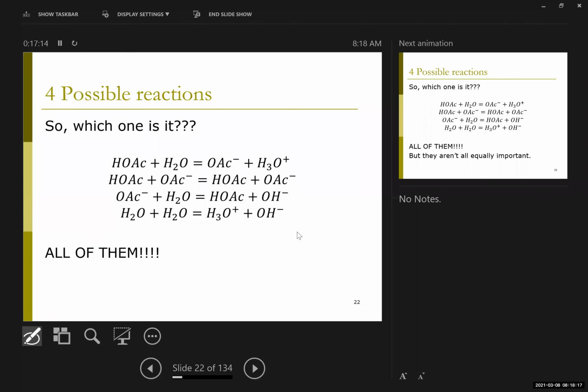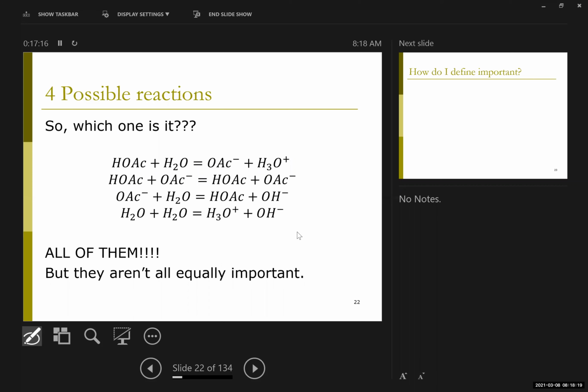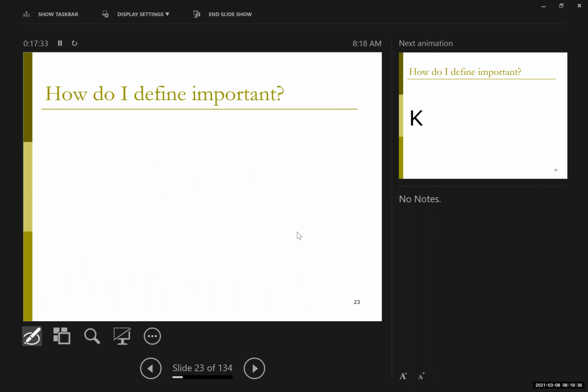But as we saw last week, they aren't all equally important. And so even though for the moment it might seem like my life got more complicated, it ultimately gets simpler. What determines who's most important?